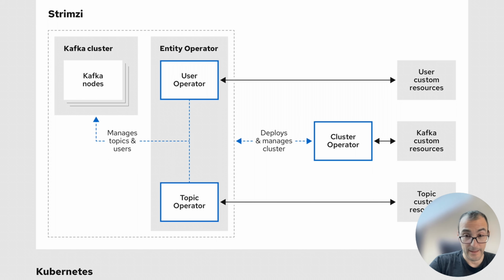It also deploys the entity operator, which, funnily enough, comprises two different operators itself: the topic operator and the user operator. Obviously, the topic operator takes care of all the things related to a topic, and the user operator is related to a specific Kafka user. You can also connect them to your SAML, for example. You can use technical users. As you can see, many options are there.